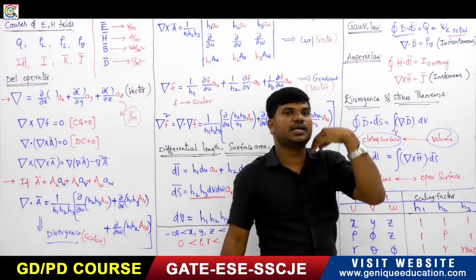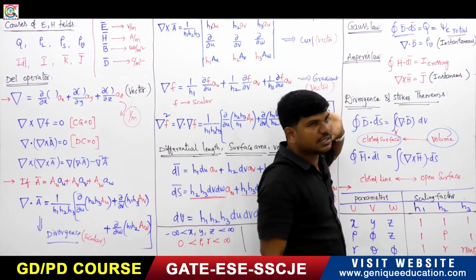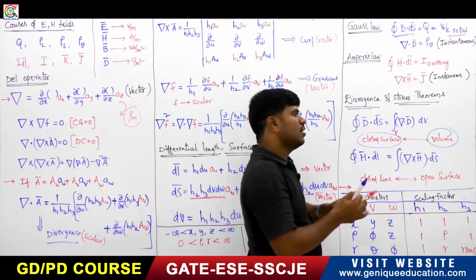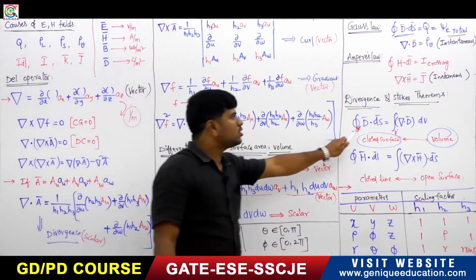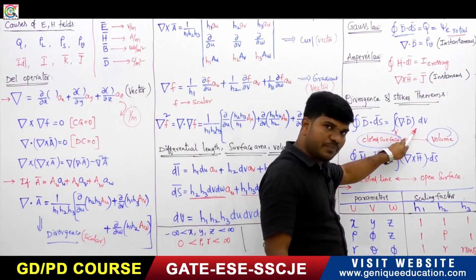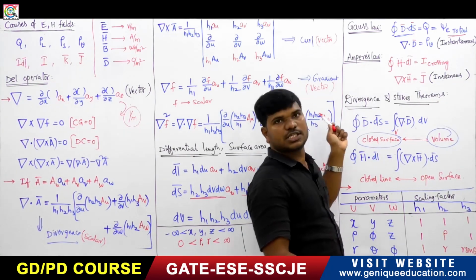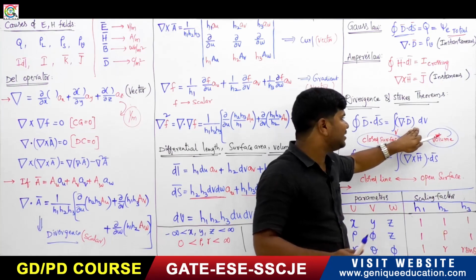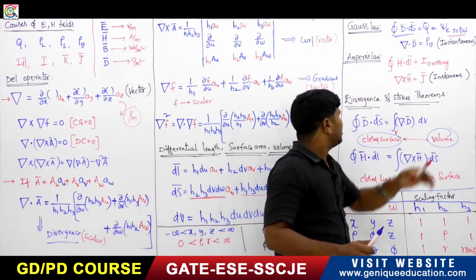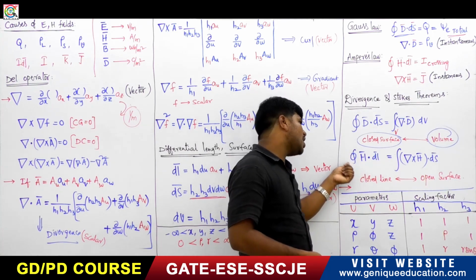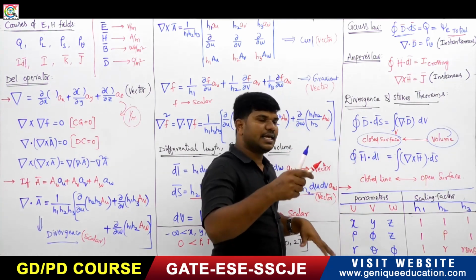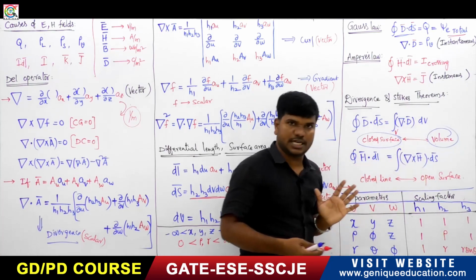If you are defining the Gauss divergence theorem, you should not remove the closed integral. The closed surface integral is forming a volume. If it is not a closed surface integral, then you cannot write the Gauss divergence theorem. Likewise, if this is not a closed line integral, you cannot apply the Stokes theorem.